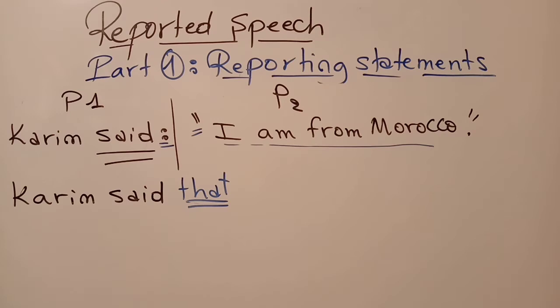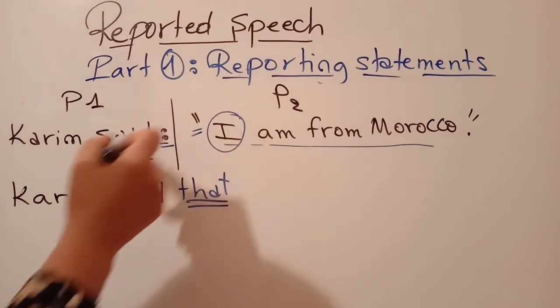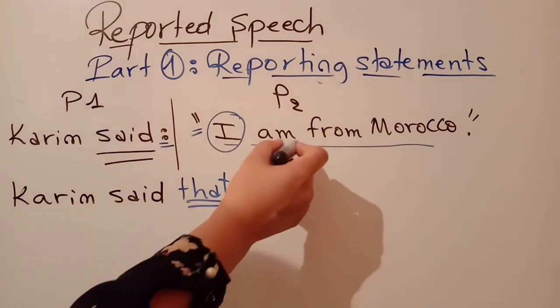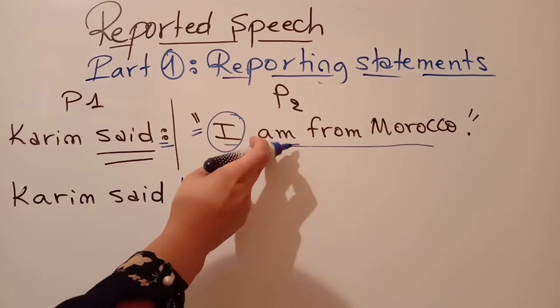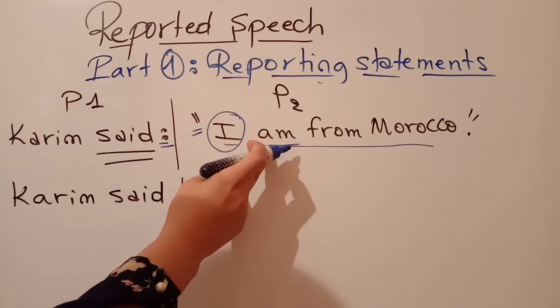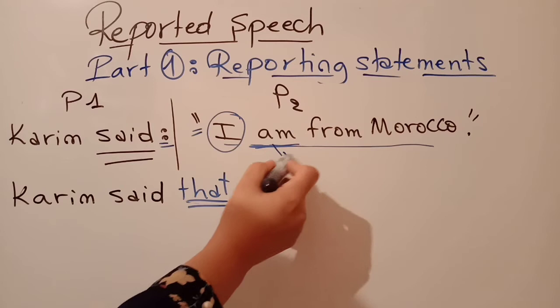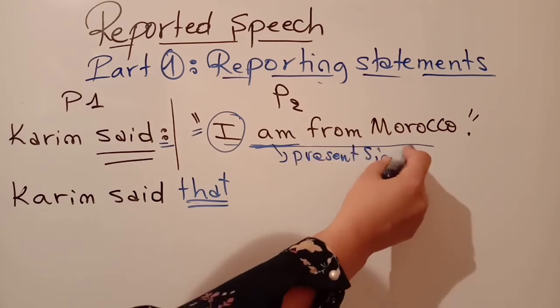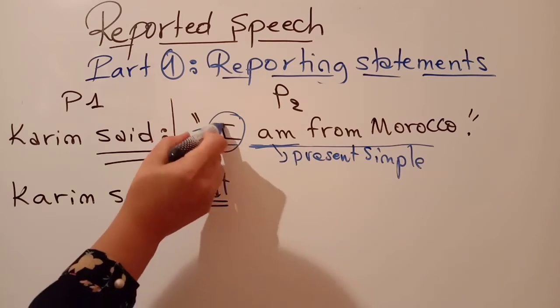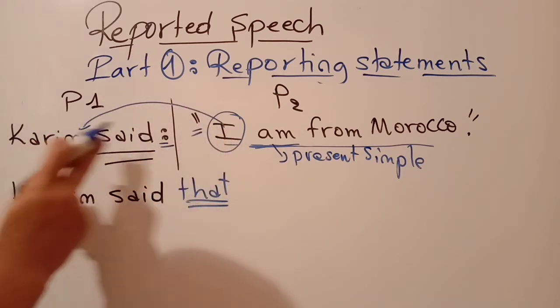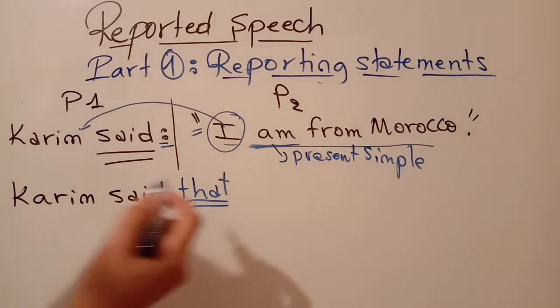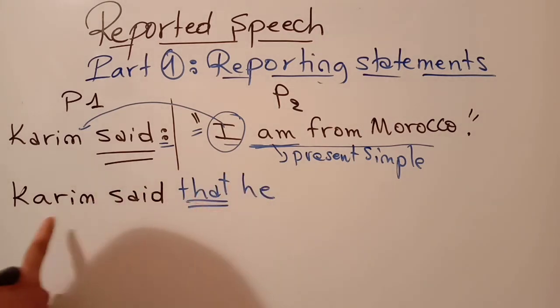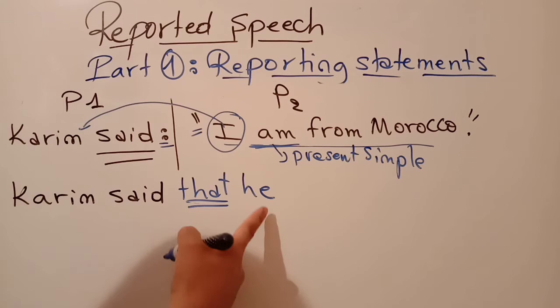So we are going to underline the things that we are going to change in reported speech. So we have the subject pronoun I and the verb to be. So here the verb to be is present simple. So the I refers to Karim. So the subject pronoun is he. Karim said that he.